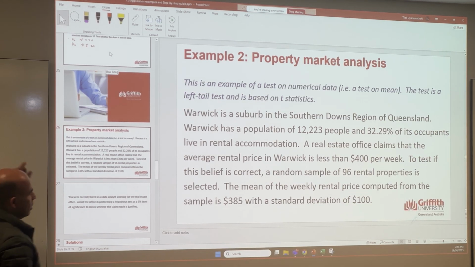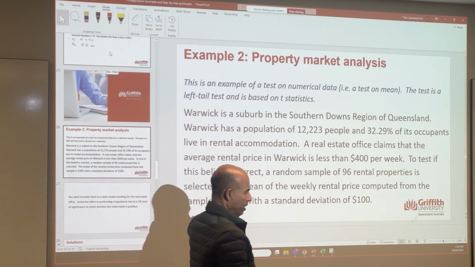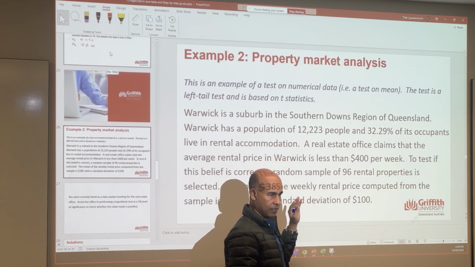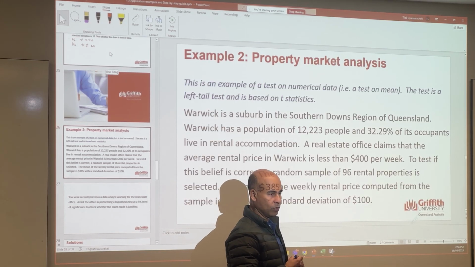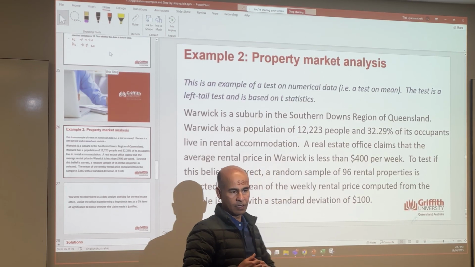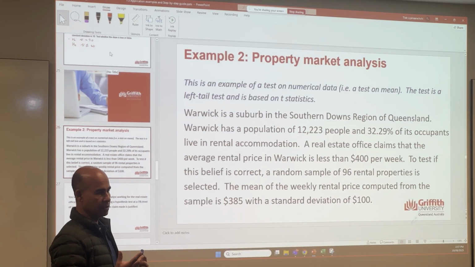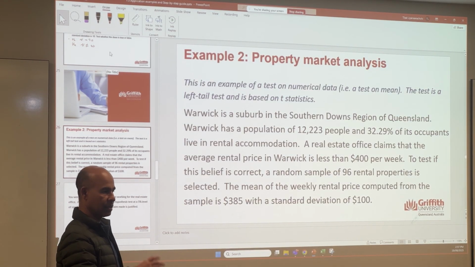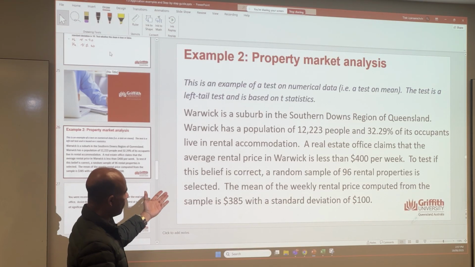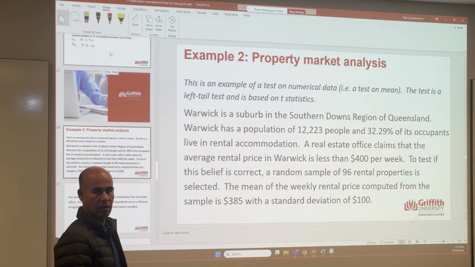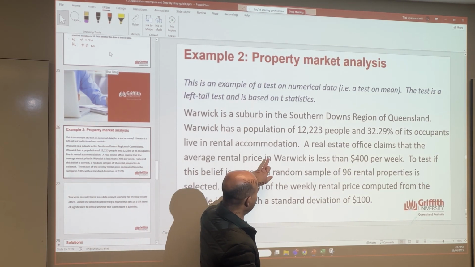Mu, I said this is actually a statement made by someone who has no idea about statistics. As a statistician, our responsibility is to put that into a statistical statement. So looking at this, what is the mean mu? 400. Yes, that's right, because this is what they believe.